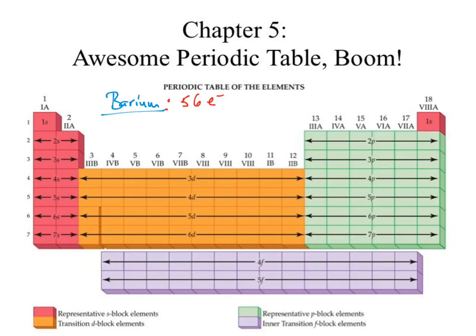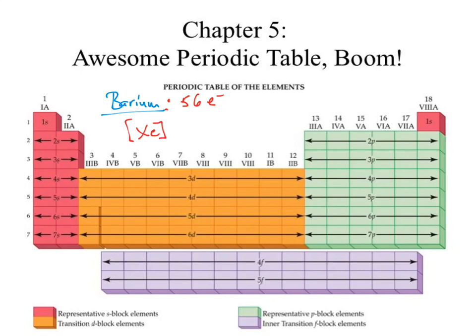So what we could go through and do is simplify. First off, go to the first preceding noble gas, which is what? Xenon takes us all the way down to row 6. It gets us all the way through there.